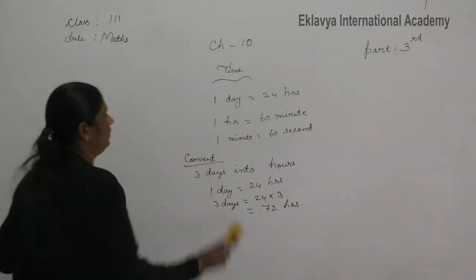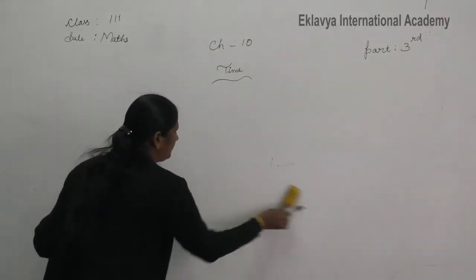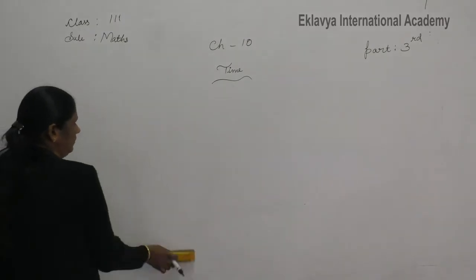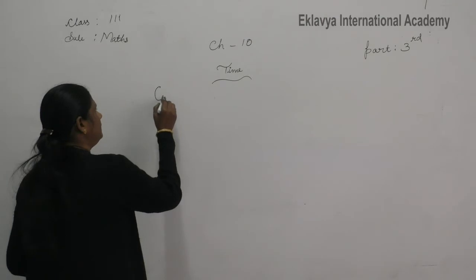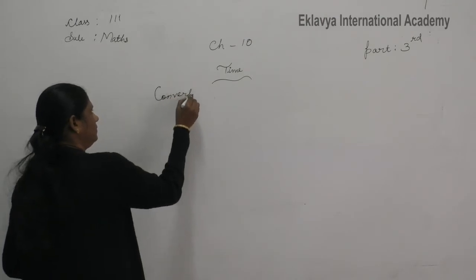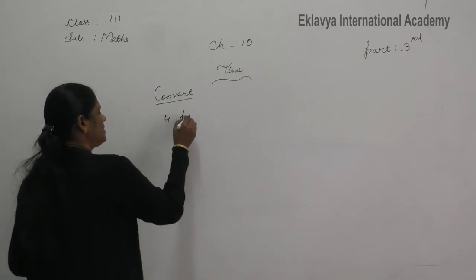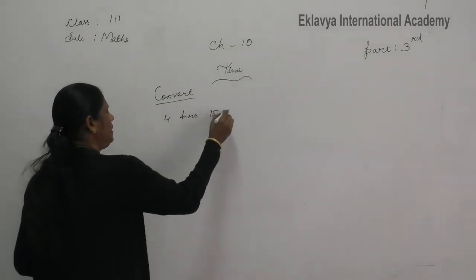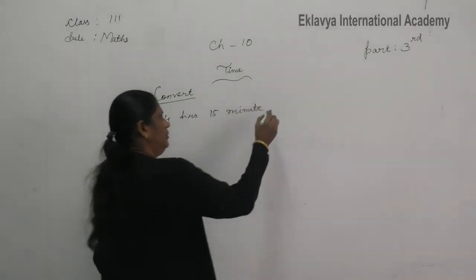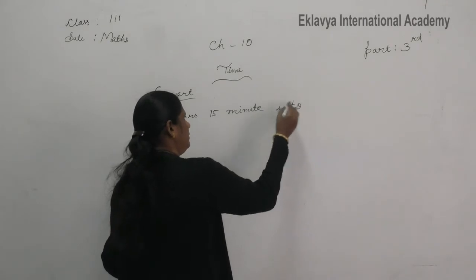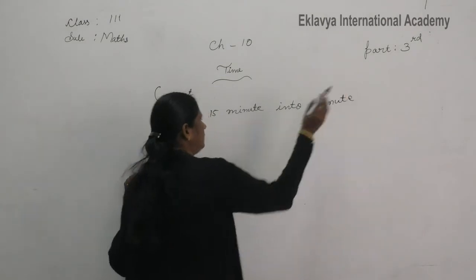Then now convert hours into minutes: 4 hours 15 minutes into minutes.